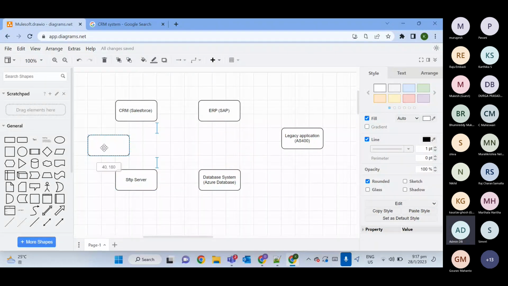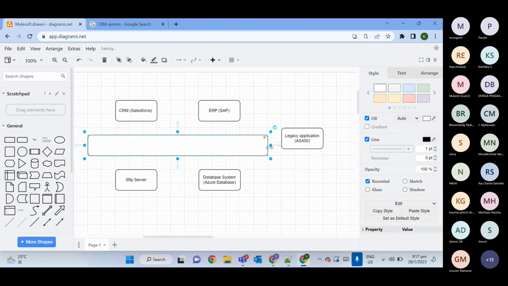One technology will come. You can say one translator. We need one translator. This translator needs to know each system, like it should have the capability to connect with each system.